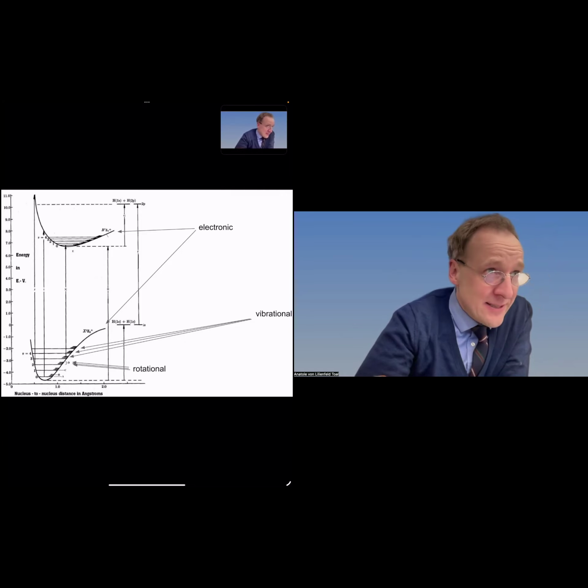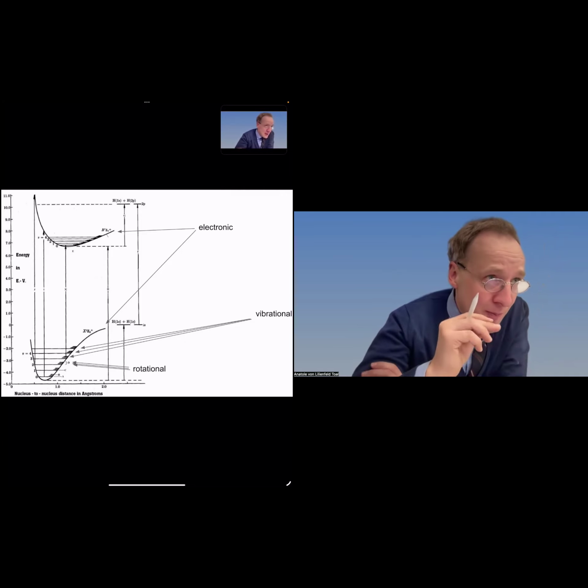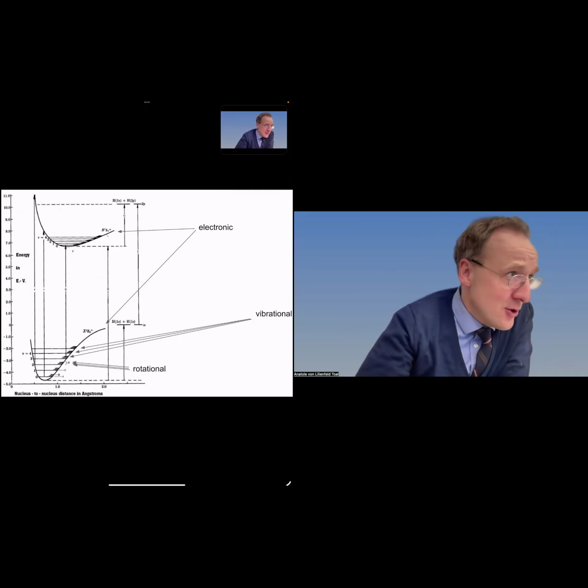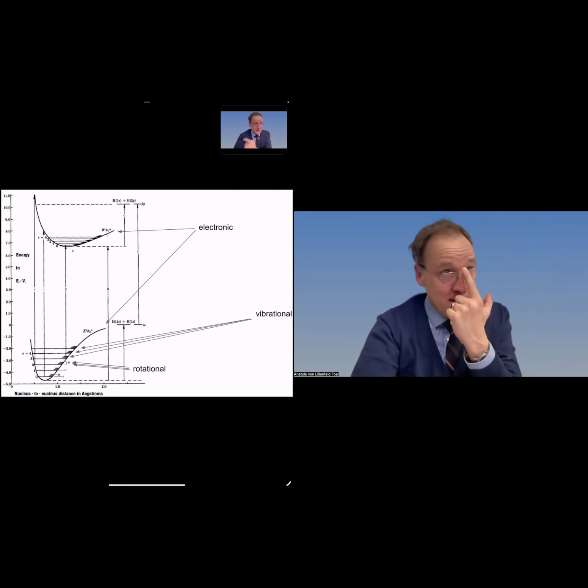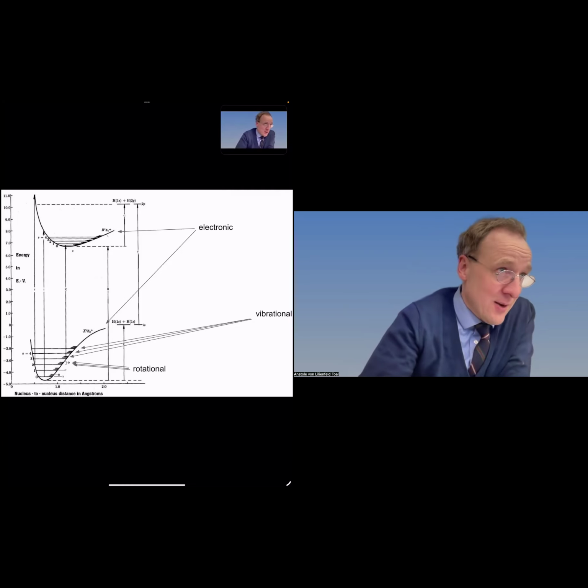And I can play this game once more for the rotational degrees of freedom. So on every vibrational level in your ground state, you see a whole bunch of small horizontal lines. These correspond to the different rotational solutions to the rotational Schrödinger equation. Okay?